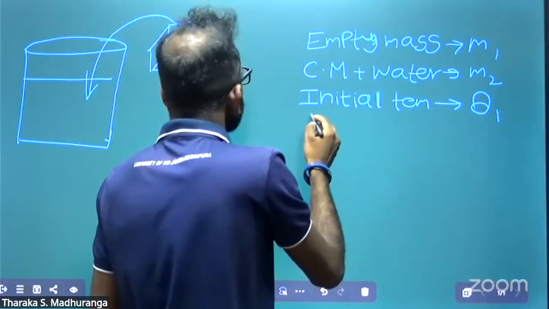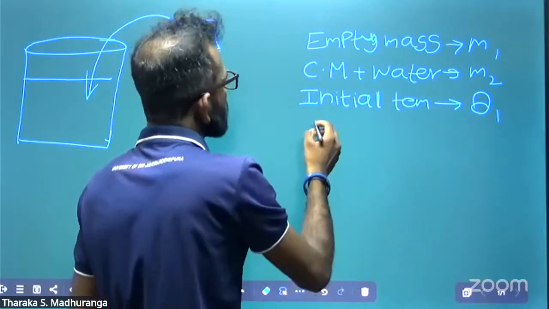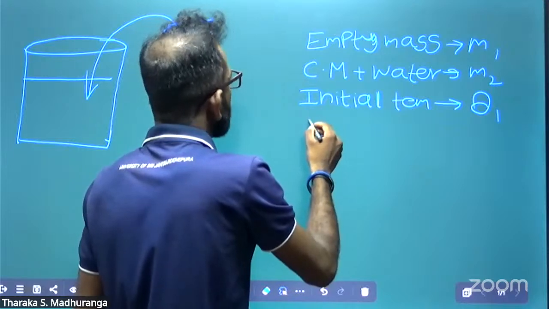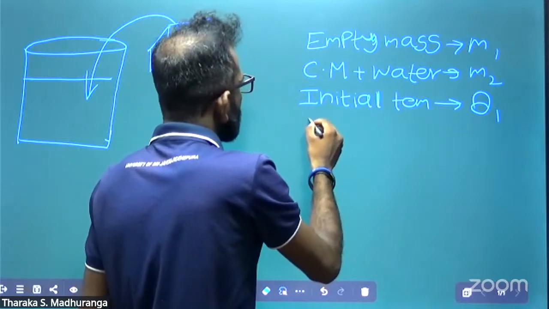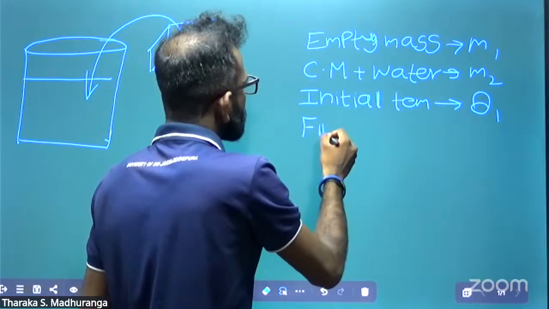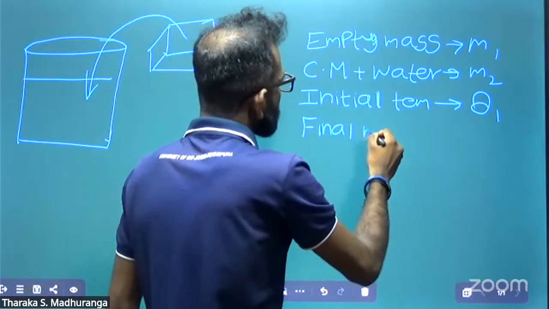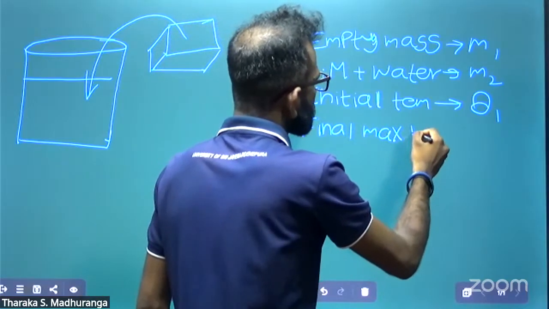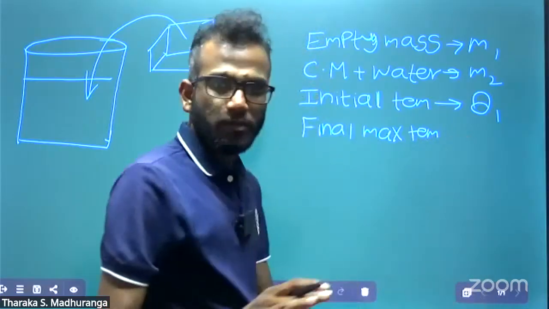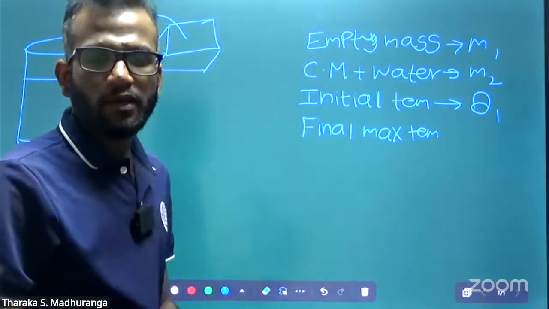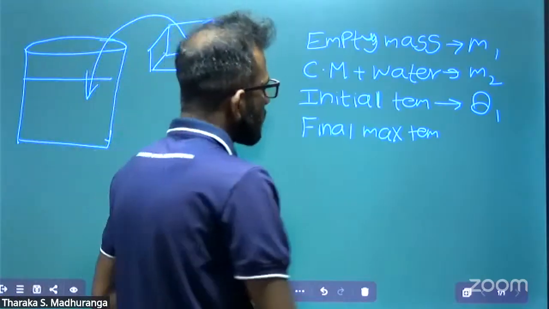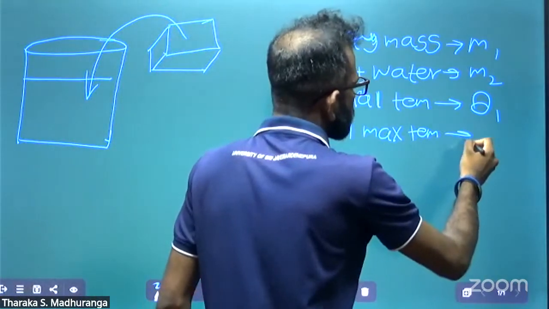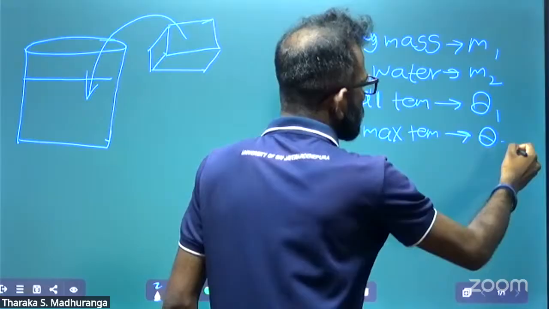Then we need to get the final maximum temperature. These words you need to remember. Otherwise, you cannot do exam questions. The final maximum temperature of the mixture is theta 2, the final temperature.